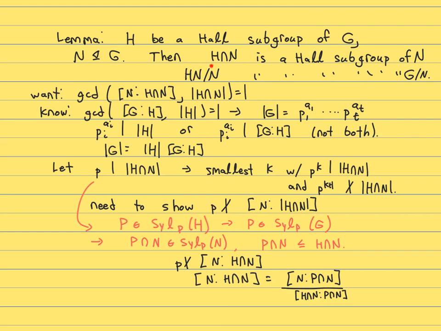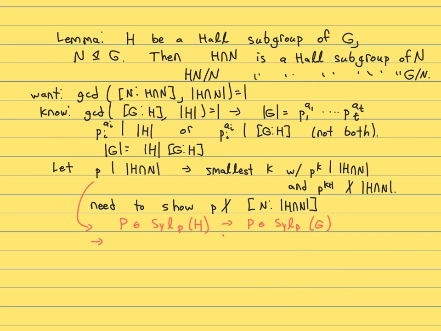A similar argument is going to work for HN mod N. The only part that's different is that instead of working with P intersect N, you'd be working with PN mod N. It's a Sylow p-subgroup of G mod N, and is also clearly a subgroup of HN mod N. And then you could do the same type of index calculations we just did, and you'd be able to conclude that there are no prime divisors of the corresponding index.